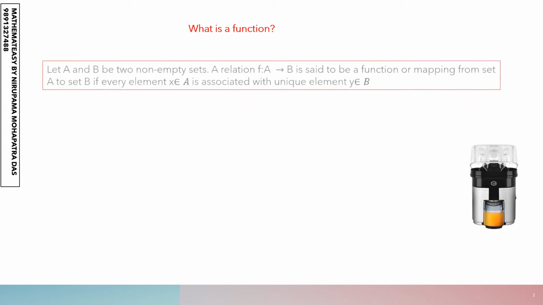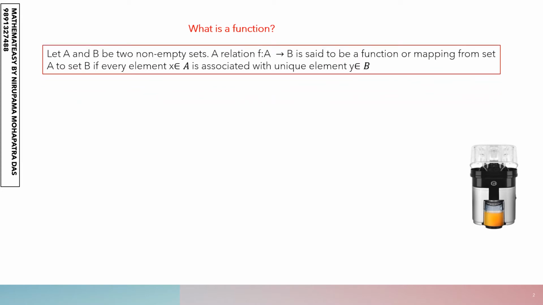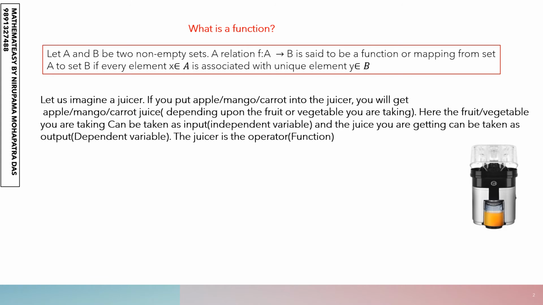So to start with, let me start with a very practical example. Let us imagine a juicer. If you put apple, mango, carrot or any other vegetable here as input, you will get the juice of that fruit or vegetable.